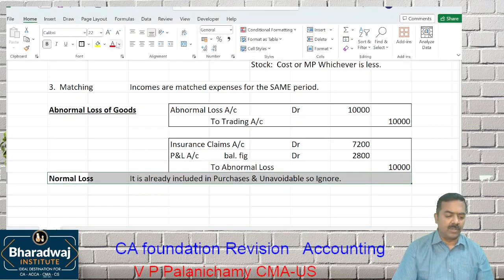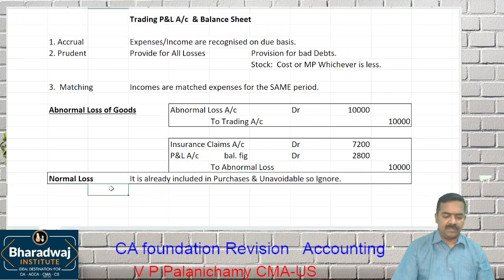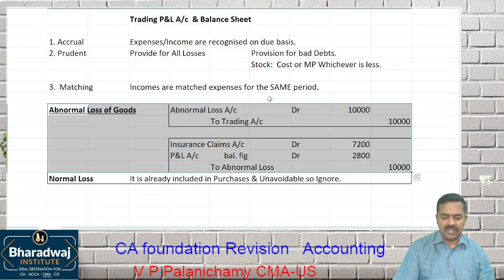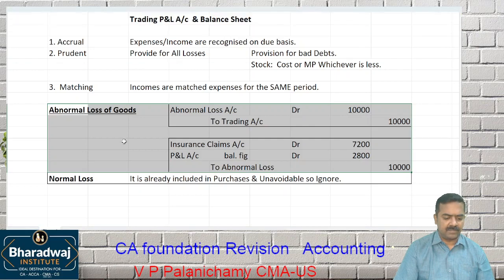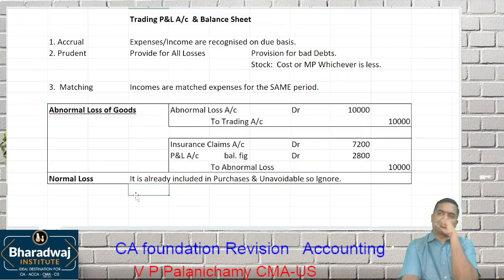It will be ignored. Abnormal loss alone, we recognize in P&L account. Any doubt?